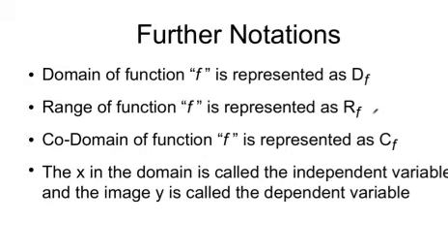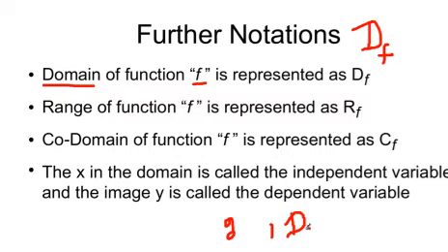Now the domain, how do you symbolize the domain? You cannot just write the word domain, so instead you have a symbol for this. Domain is represented as D sub f, right? So this is the domain of a function represented by f. Let's say you have a function represented by g, then the domain of the function is written as domain of g.